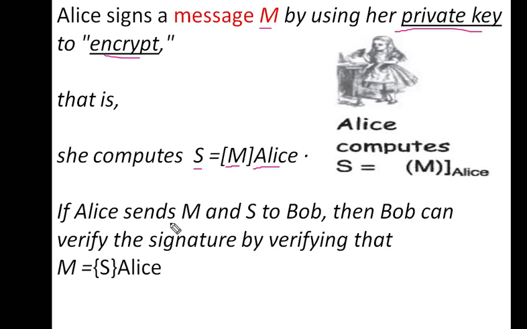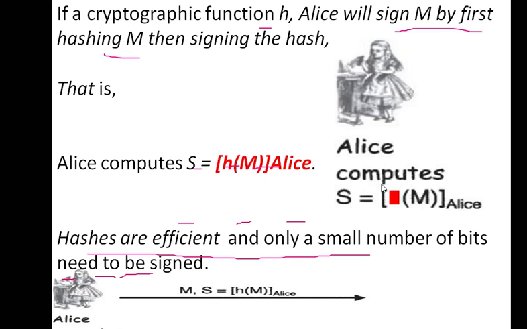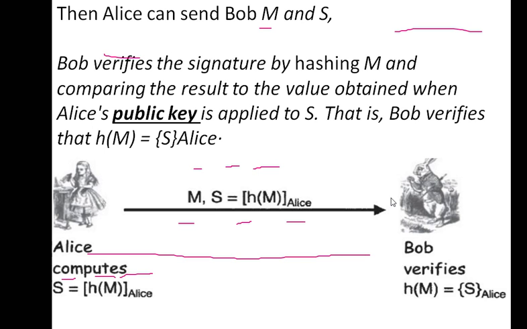If Alice sends M and S, meaning the signature, to Bob, then Bob can verify the signature by verifying that M is equal to the signature of Alice. If both match, then Bob is ready to receive her message. Here Alice computes the hash value, meaning the generated signature. After that Bob will receive her message.